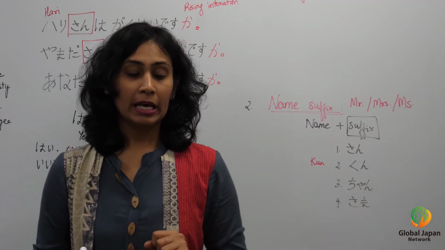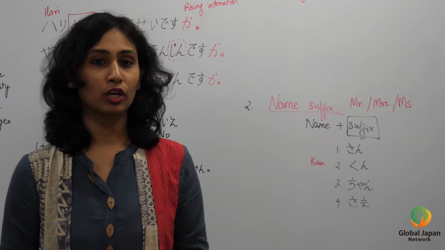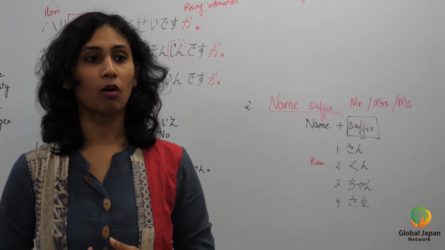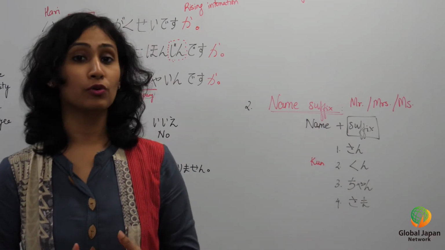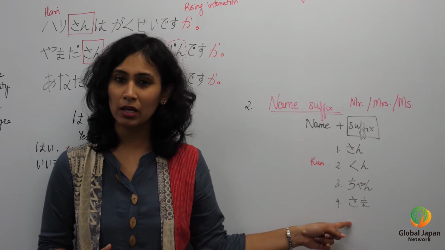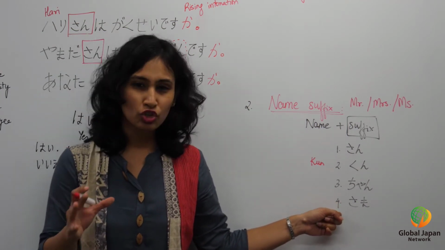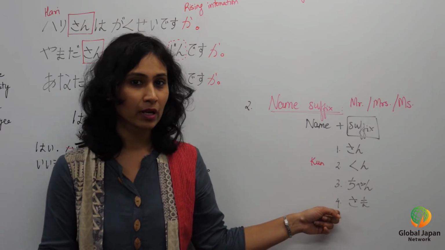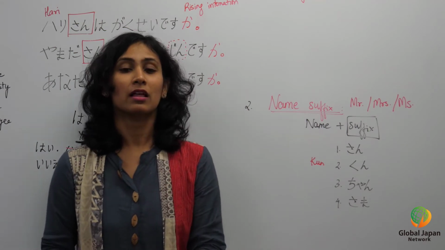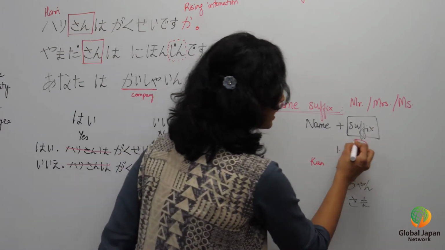And if you want to be very polite, probably when you're talking to your top authority, boss or customer, you would be attaching the suffix sama. Sama is generally very polite, so you would check before you use sama, but by default, for now, the one name suffix that should be there in your mind is san.